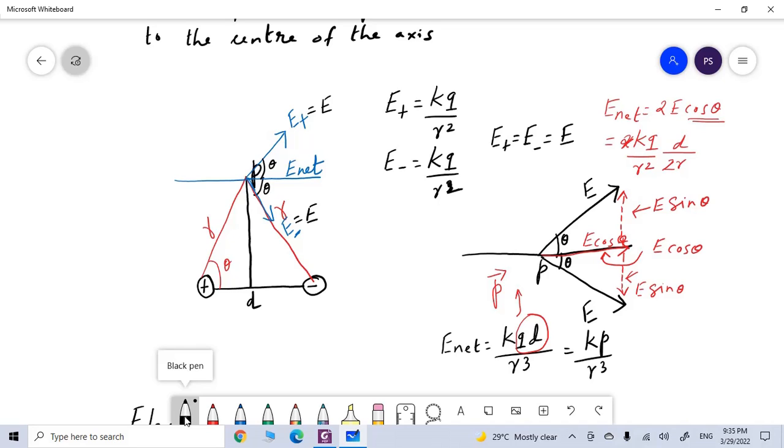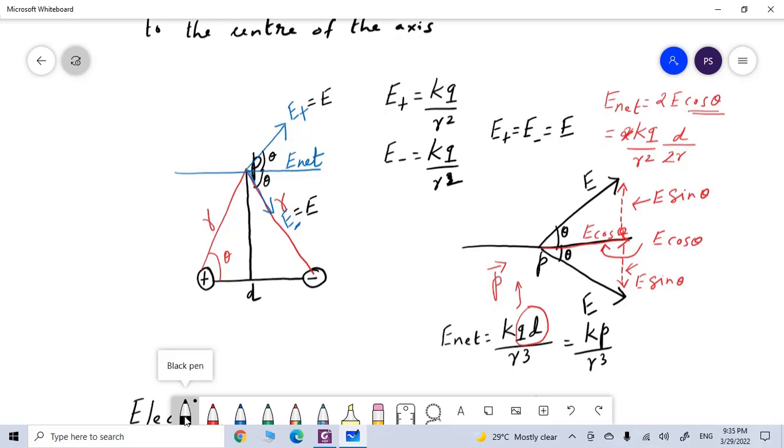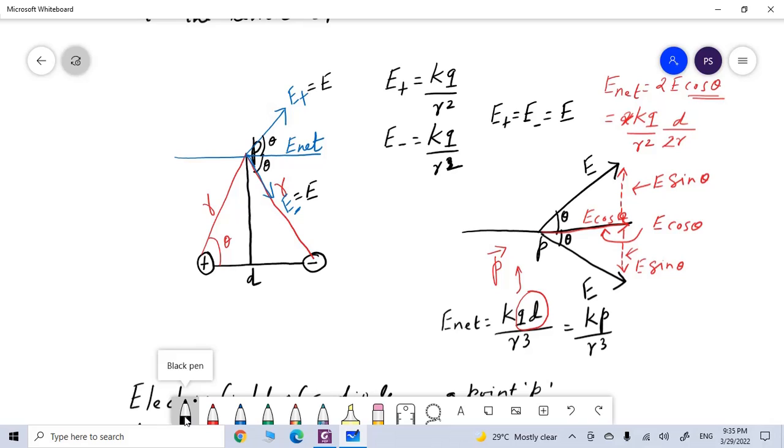So if you want to write in terms of vectors, of course we can do it. So let's write it here. So E net, this is a vector, is K P, this is a vector, over R cube.